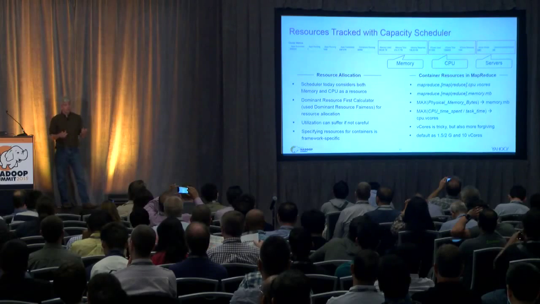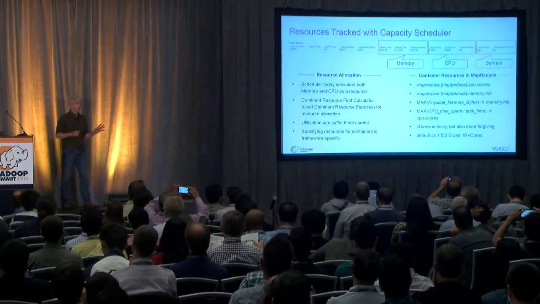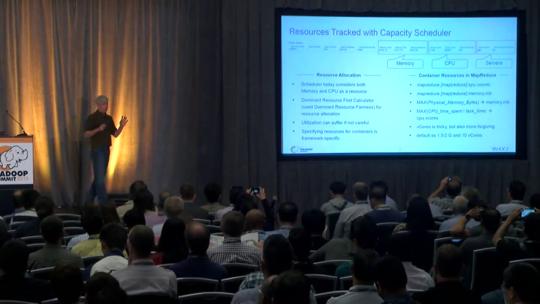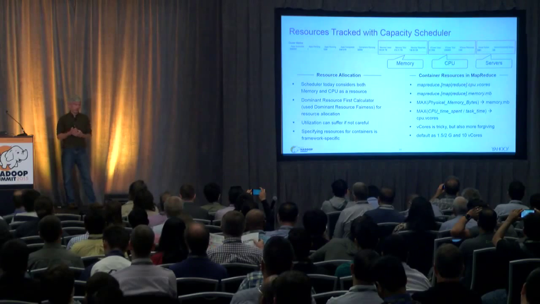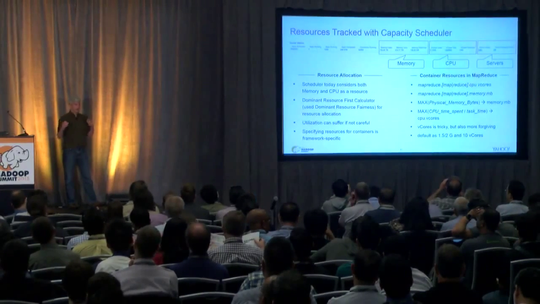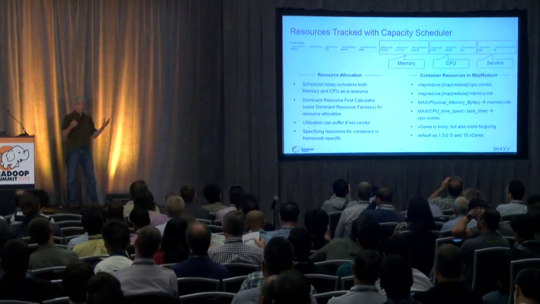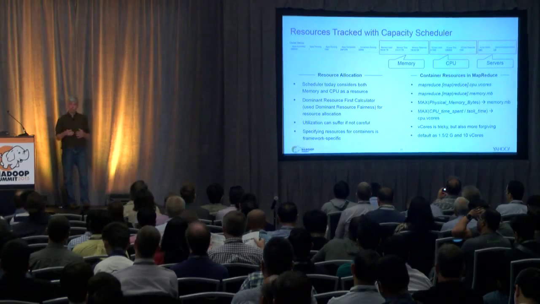When you have two resources, one resource is easy to think about, but when you have two, it gets interesting. Which one is more dominant in this case? So there's this concept of a dominant resource first calculator that's used to figure this out. It made it easy to treat two resources as one, and you were able to drop in that functionality without too much trouble.